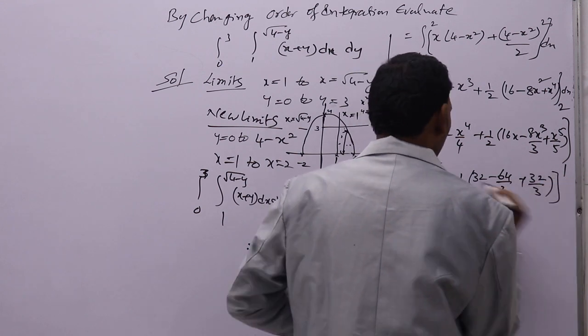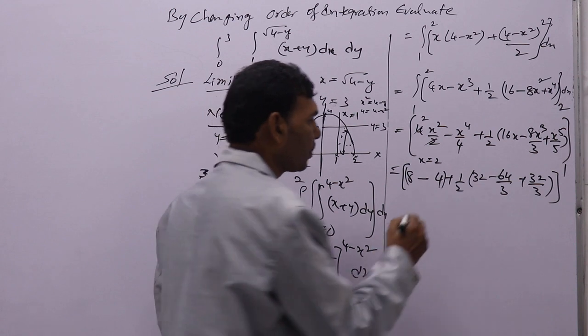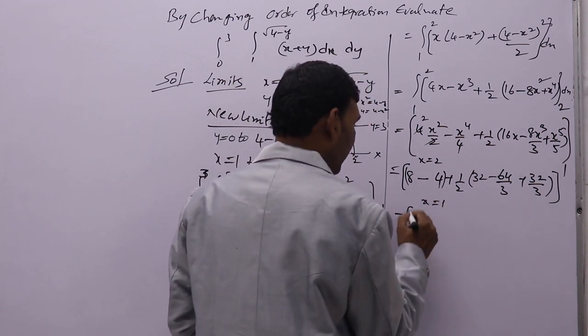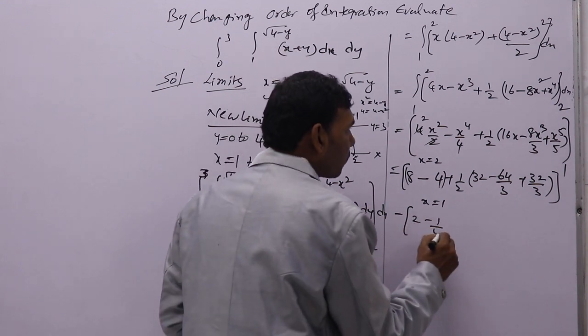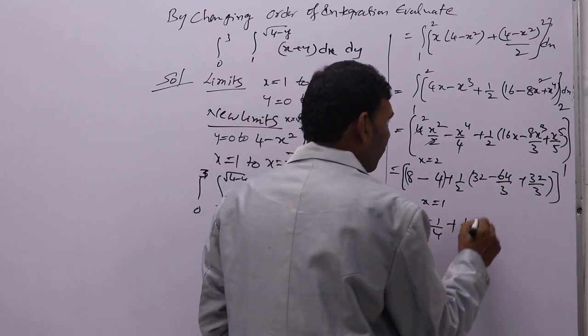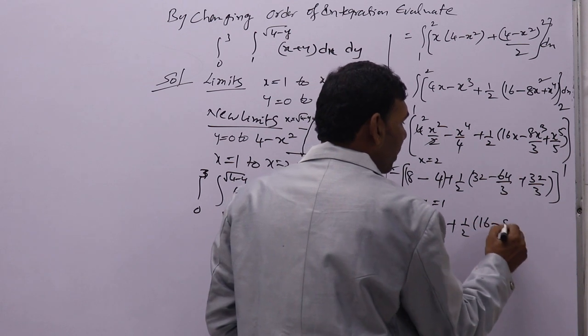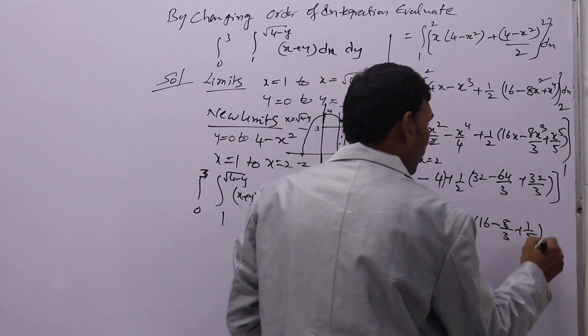This is the upper limit after writing x equal to 2. Now write x equal to 1 as the lower limit: 2 minus 1 by 4, plus 1 by 2 into 16 minus 8 by 3 plus 1 by 5.